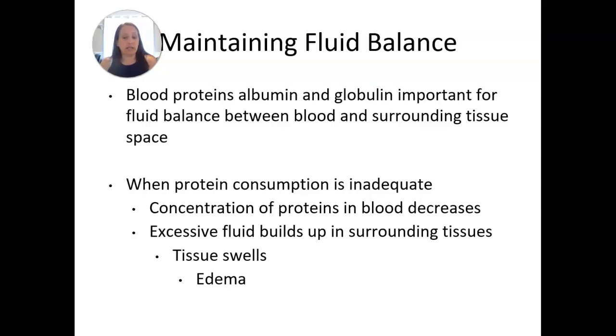When protein consumption is inadequate, the concentration of these proteins, albumin and globulin, in the blood decreases. What these proteins do is they draw fluid out of the body tissues. They attract fluid into the bloodstream, into capillaries.